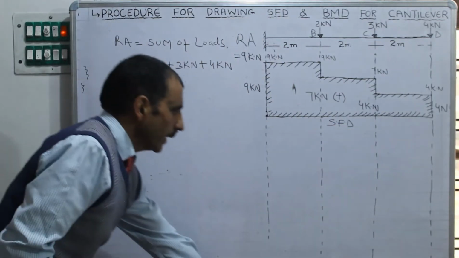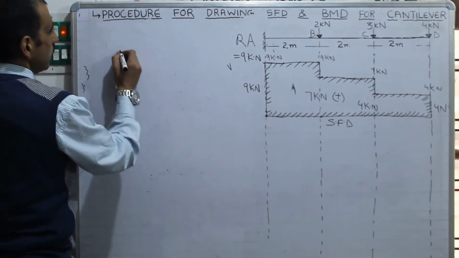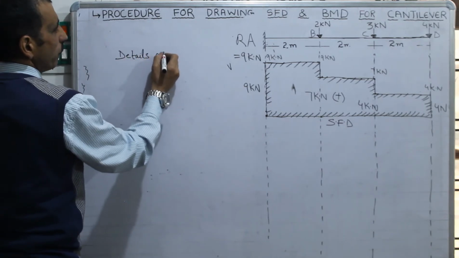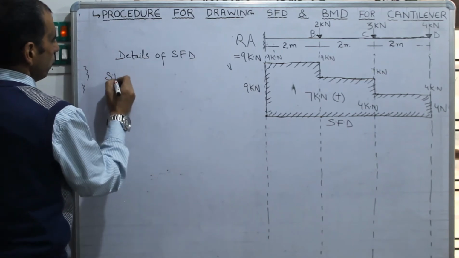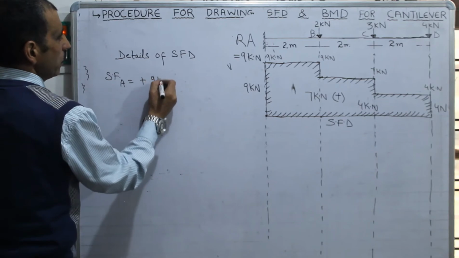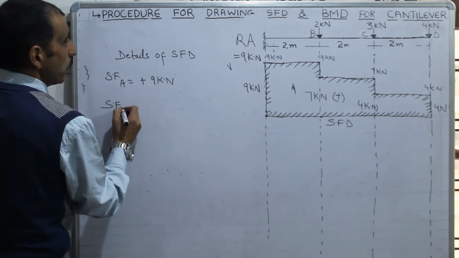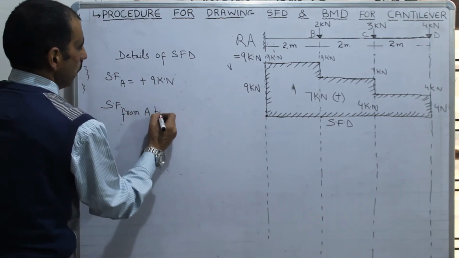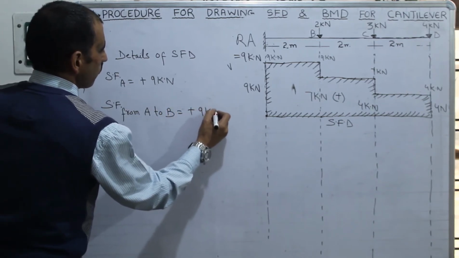Now, after that, I will write the details of the shear force diagram. Details of shear force diagram: shear force at A is plus 9 kilonewton. Shear force from A to B is constant, A to B it is plus 9 kilonewton.